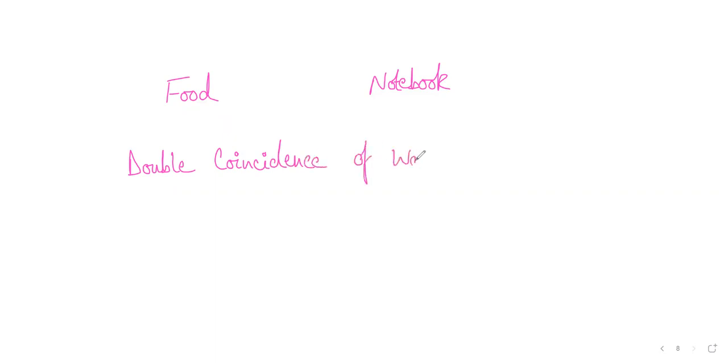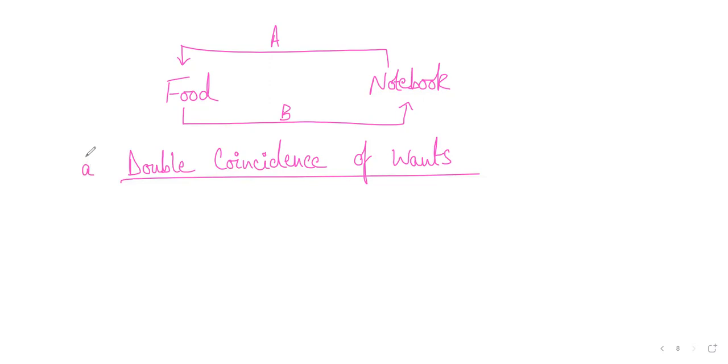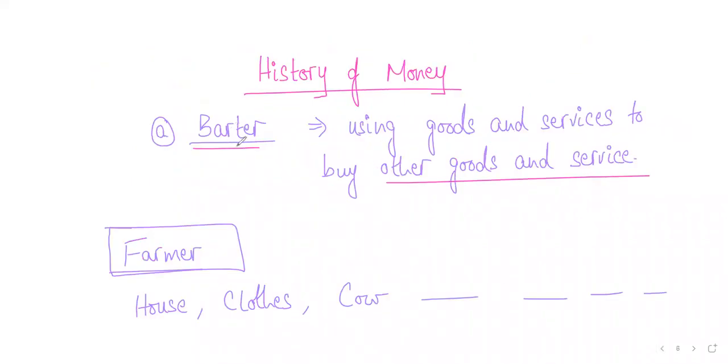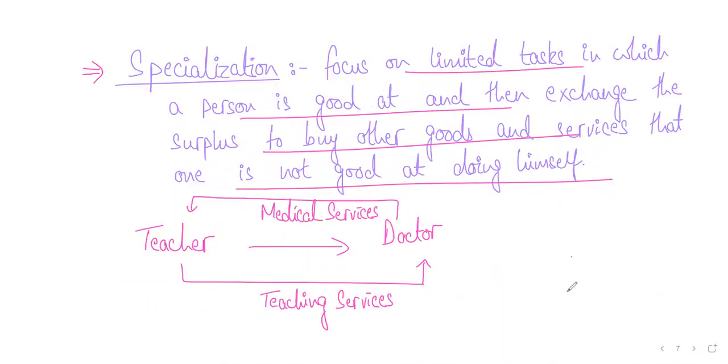So the problem with the barter system was finding the right person who is willing to take the product that you have to offer and is willing to give you the product in return that you need, right? And this concept is known as double coincidence of wants. The biggest challenge with the barter was that there was double coincidence of wants.